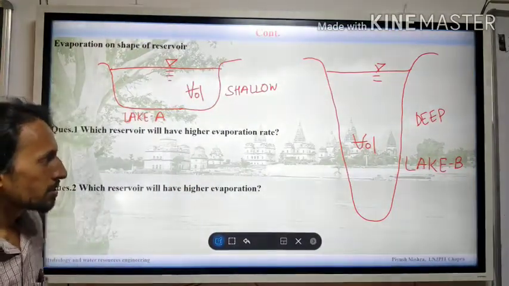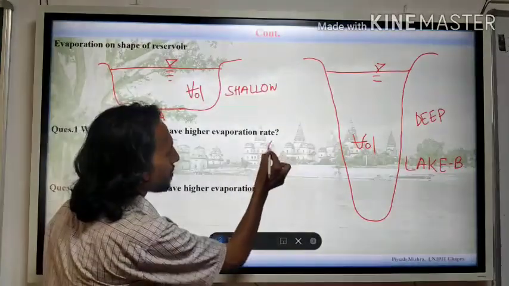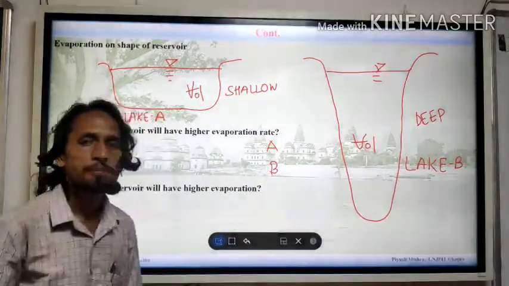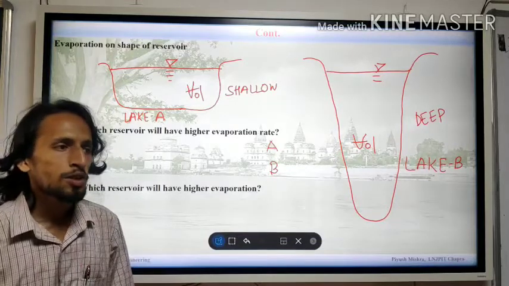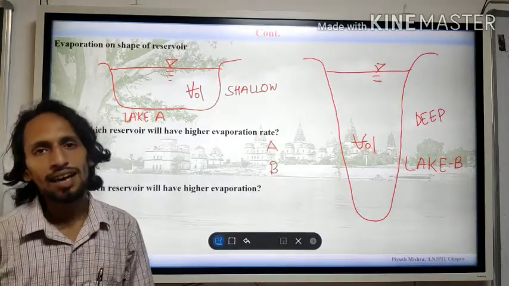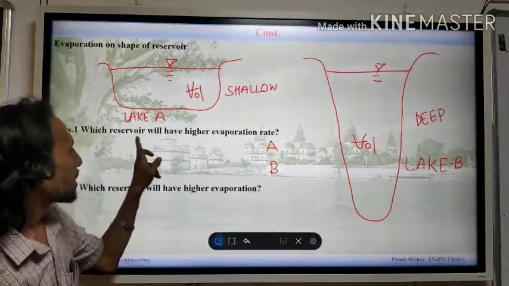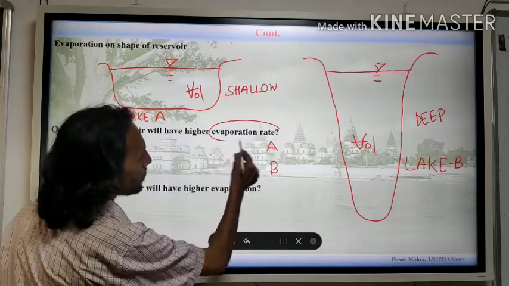Some of you must have given answer as A, some of you might have given B. So what is the correct answer? For that you should understand what you mean by this evaporation rate.